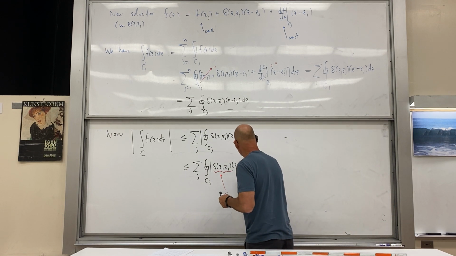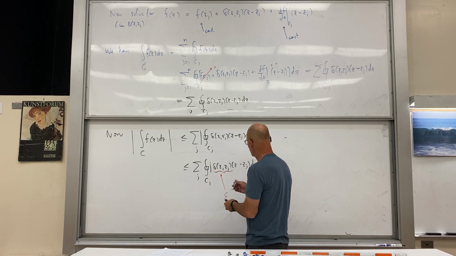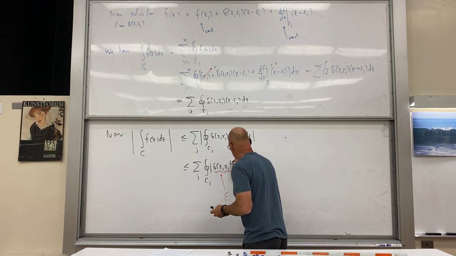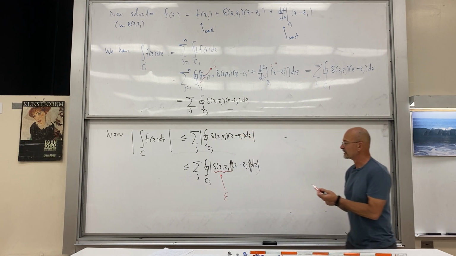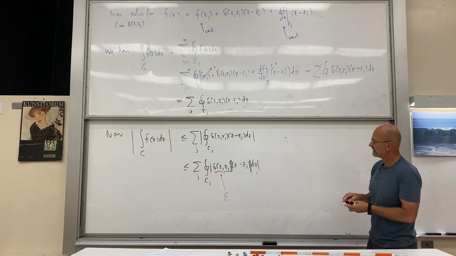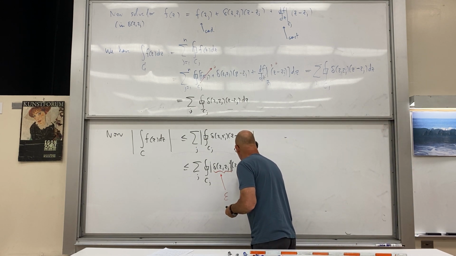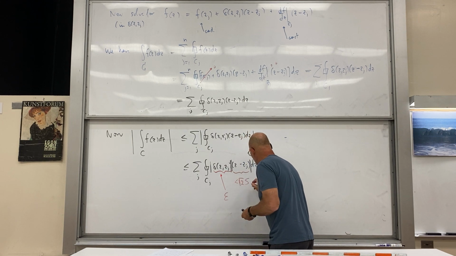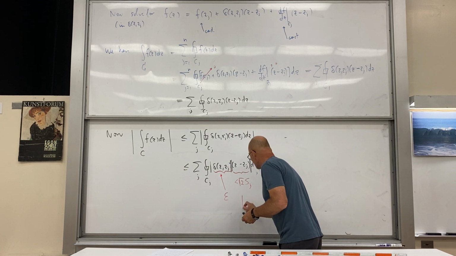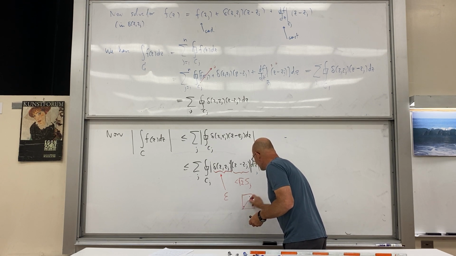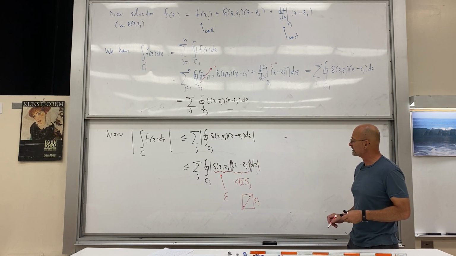And this here, it's magnitudes all the way, right? We can do that. This here is going to be less than the square root of 2 times the side of a box. Because if you've got a box s sub j, and you've got two points in there, the distance is less than the square root of 2 across that side of the box.